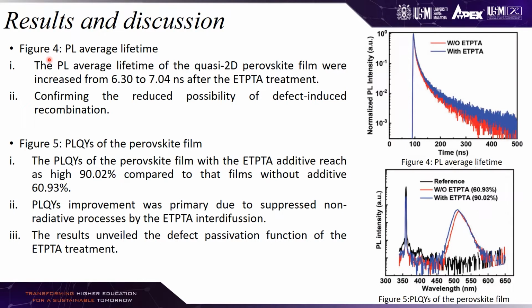Figure 4. For PL average lifetime, the PL average lifetime of the quasi-2D perovskite film increases from 6.30 to 7.04 nanosecond after the ETPTA treatment. This confirms the reduced possibility of defect-induced recombination.